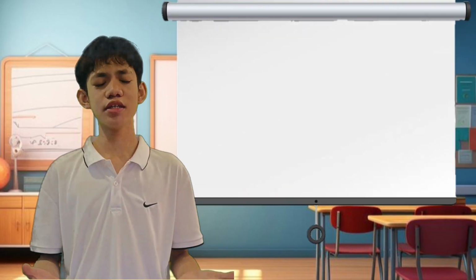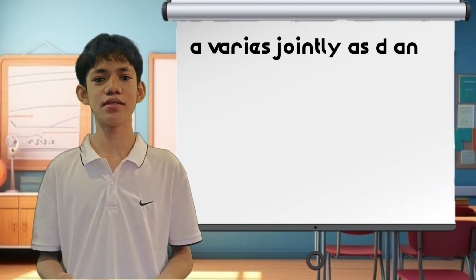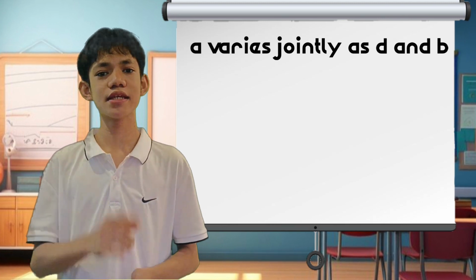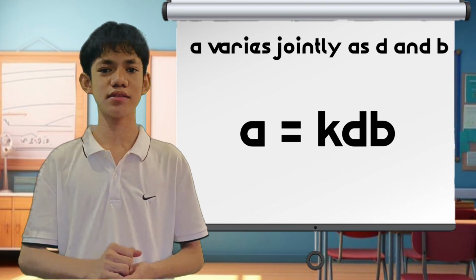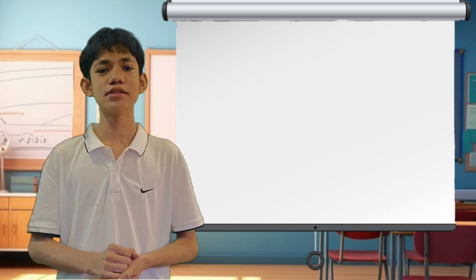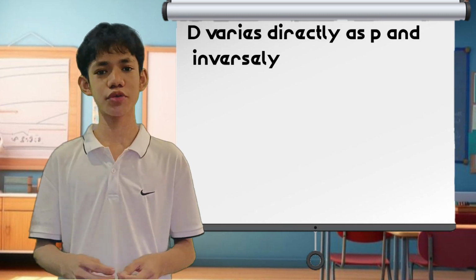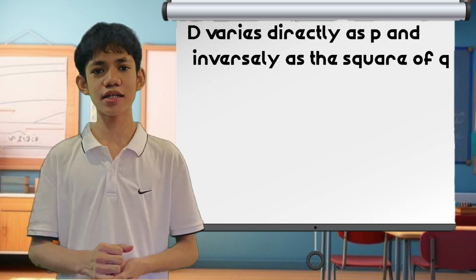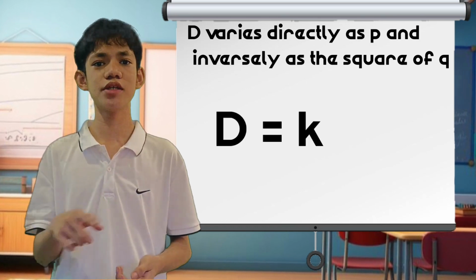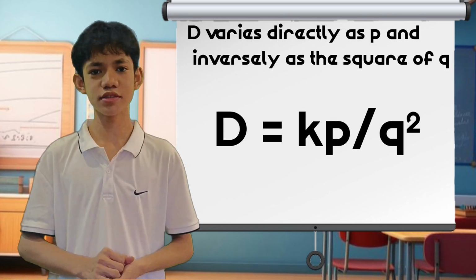I have prepared examples to further extend our knowledge about joint and combined variation. Let's now move on to the basic examples. Number 1. A varies jointly as D and B. We write this equation as A is equal to KDB. Number 2. D varies directly as P and inversely as the square of Q. We write this equation as D is equal to KP over Q squared.